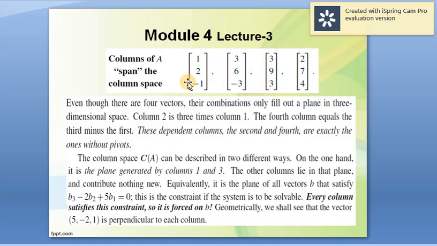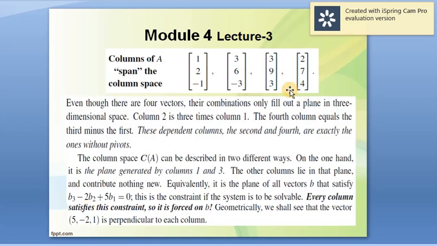So the column space of this matrix is generated by the first and third columns only. So we go on to understand how Ax = b is to be solved.